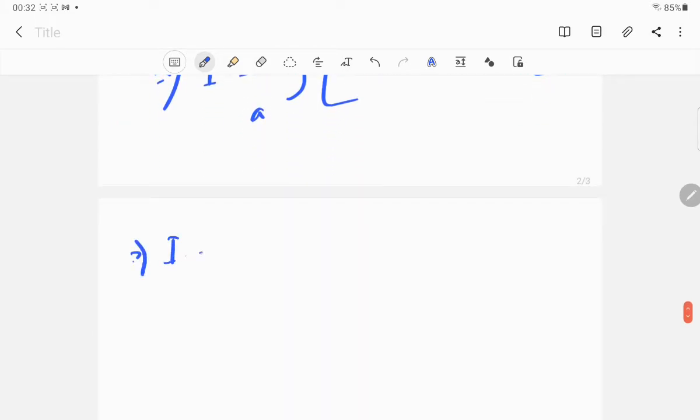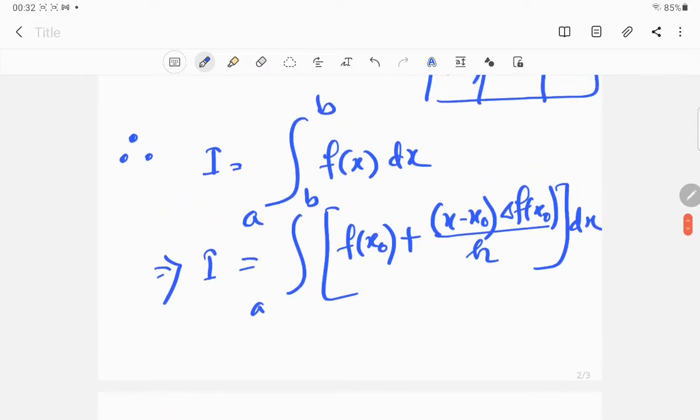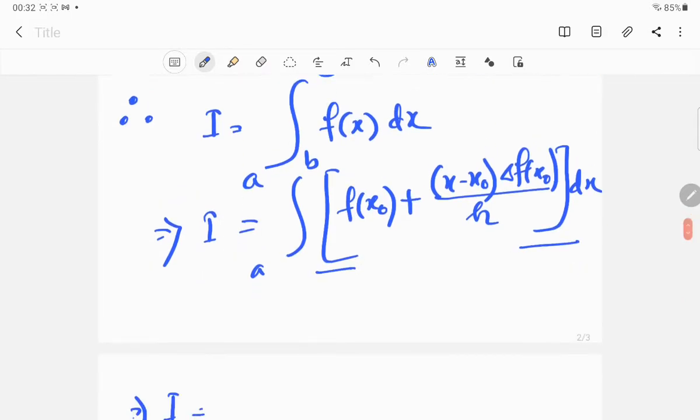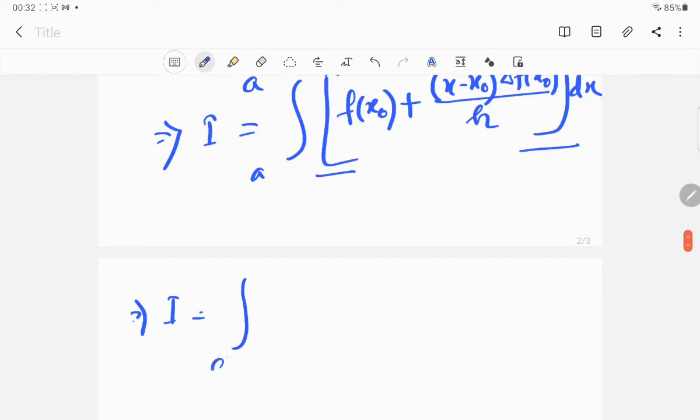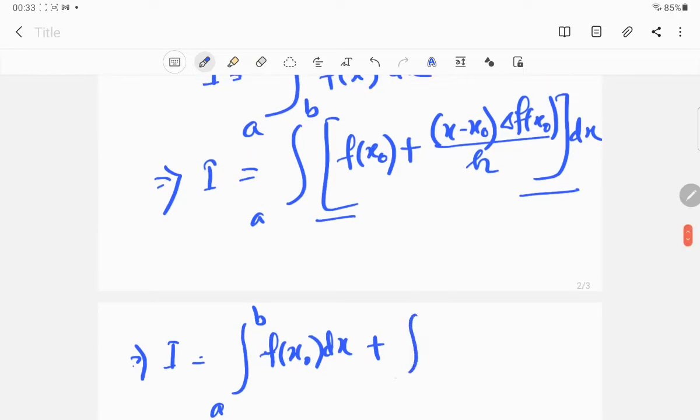Therefore I is equal to, breaking this bracket, the integral from a to b of f(x0) dx plus the integral from a to b of (x minus x0) del f(x0) divided by h, dx.